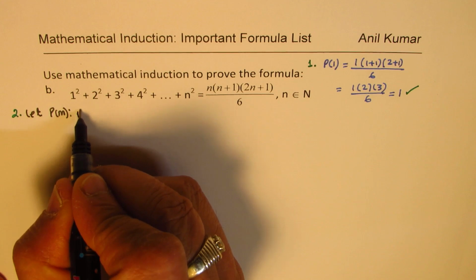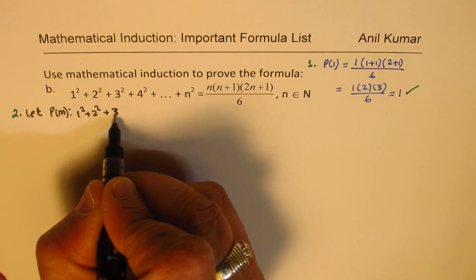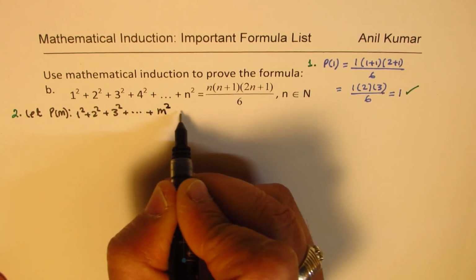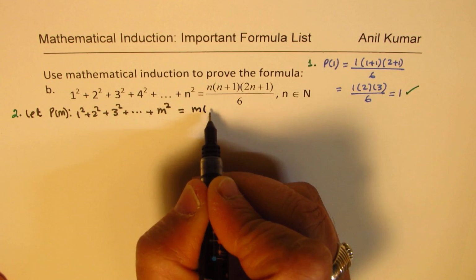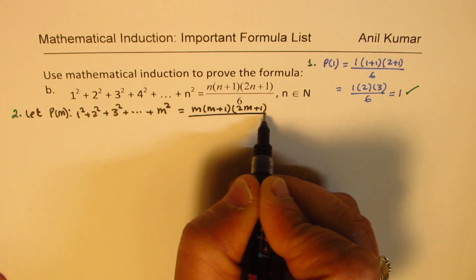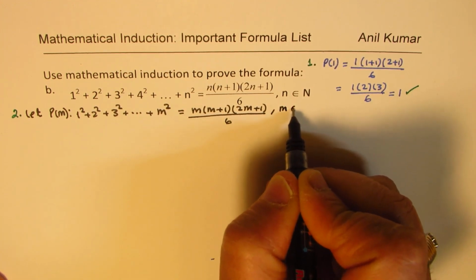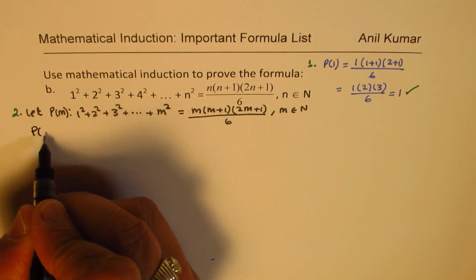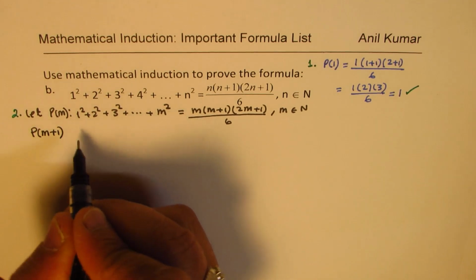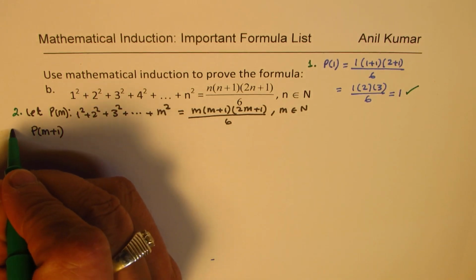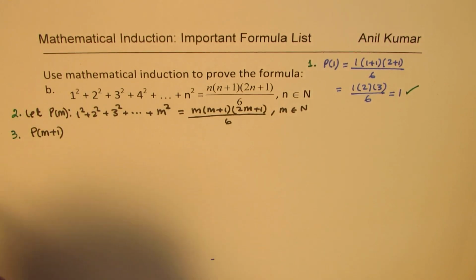In that case, 1 square plus 2 square plus 3 square plus so on till m square should be equal to m times m plus 1 times 2m plus 1 over 6, for m which belongs to the set of natural numbers. So we have assumed this is true. What we need to really prove is that the next value should also be true, right? This is what the third step is, which is basically to prove.